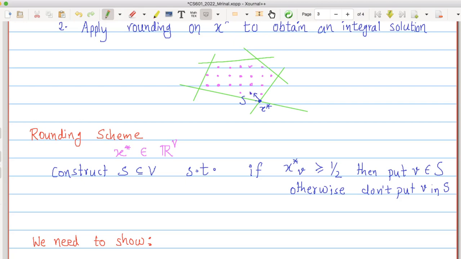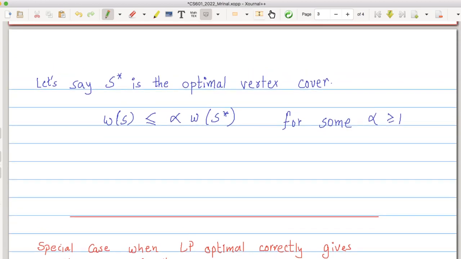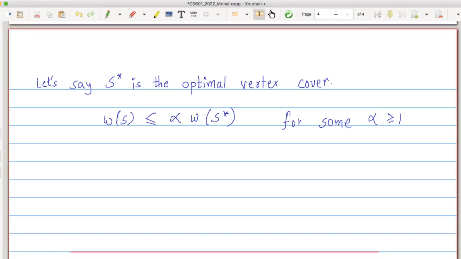So why does that happen? For that we need a simple observation: the LP optimal value is always less than or equal to the optimal vertex cover.